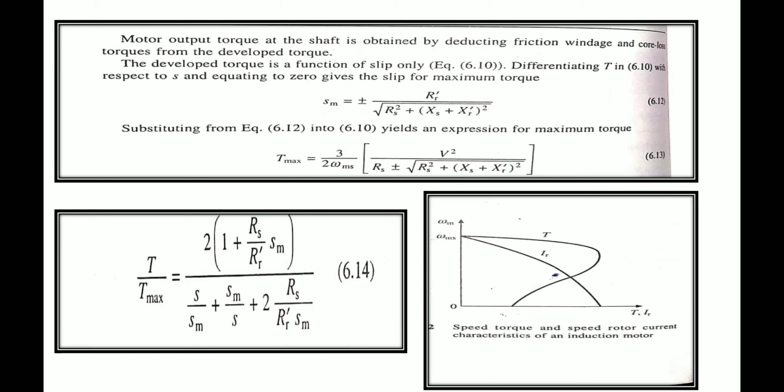Next, we substitute the equation we got for the slip for maximum torque, from equation 6.12 into 6.10.